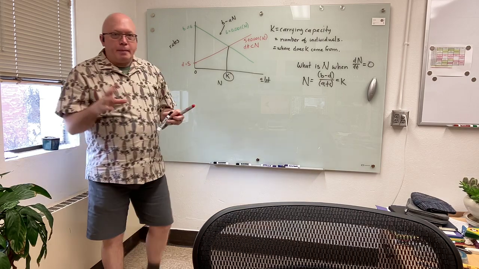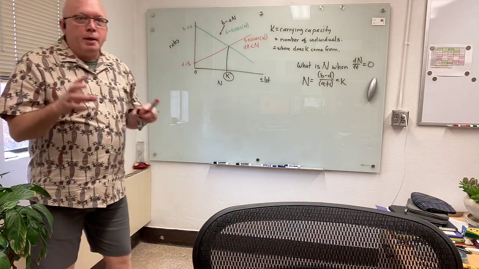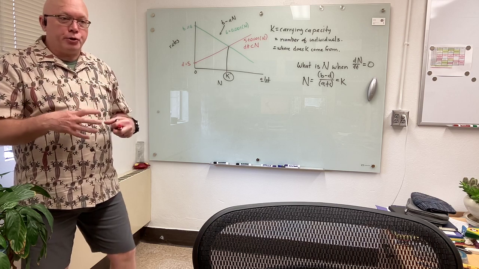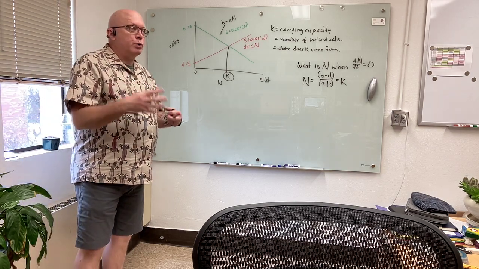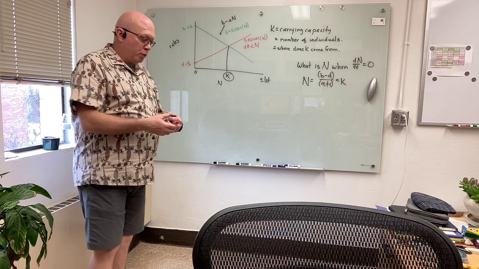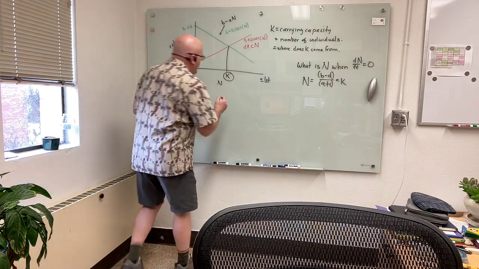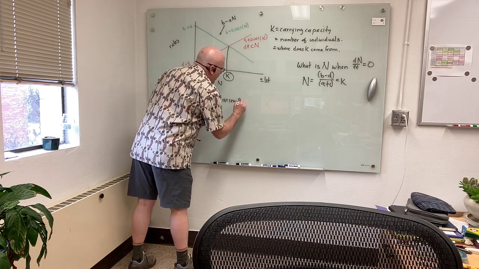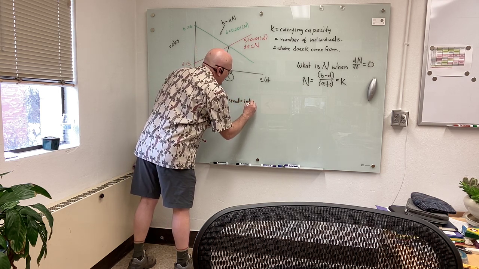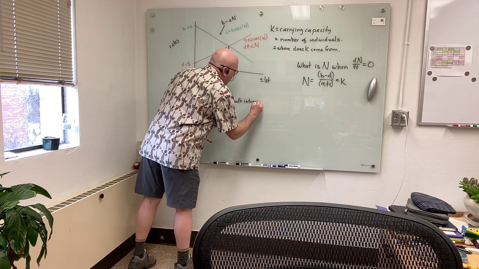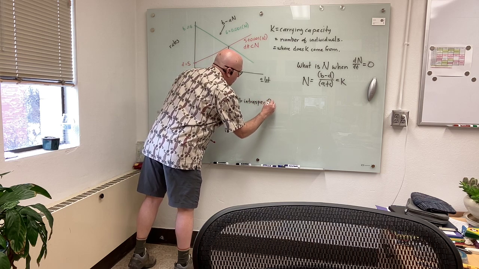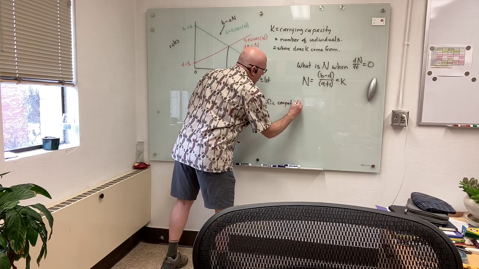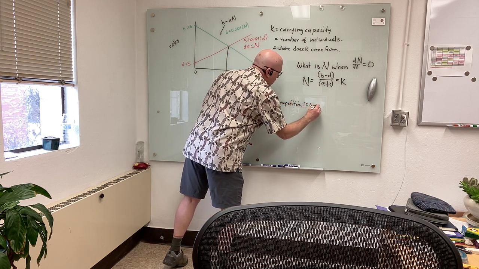Now, one of the ways to think about these numbers A and C is as measures of the strength of intraspecific competition, the strength of individuals of the same species competing for resources. And so if A is small, then intraspecific competition is weak.